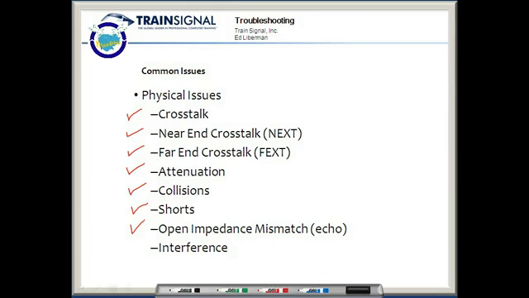Every cable has an impedance rating. If you end up with multiple cables working together and those cables don't have identical impedance ratings, you end up with an impedance mismatch.